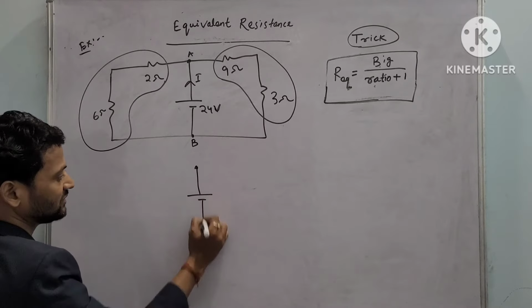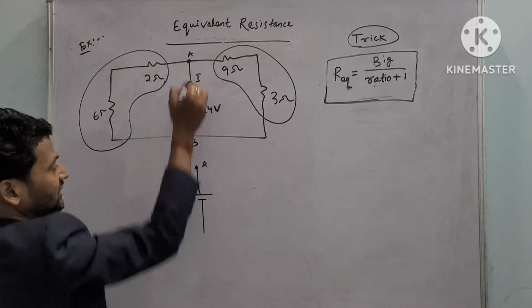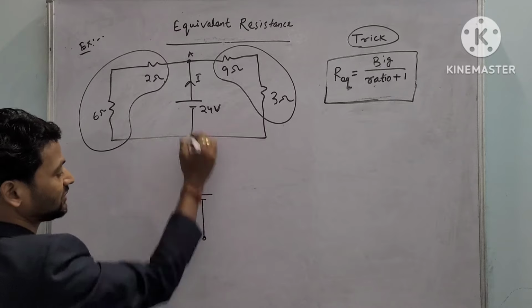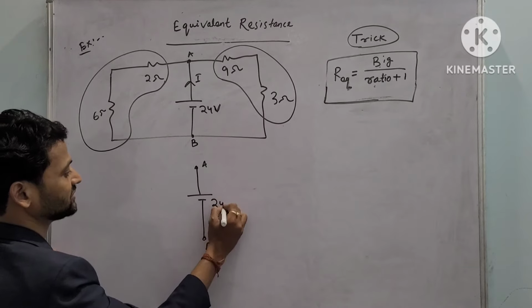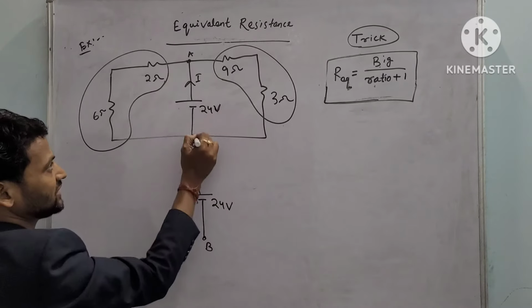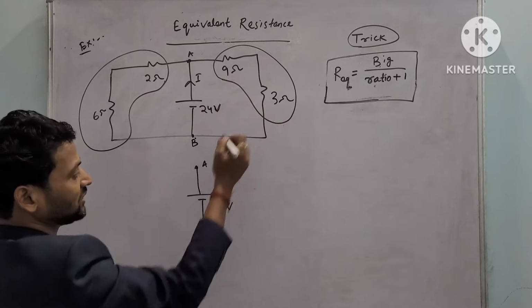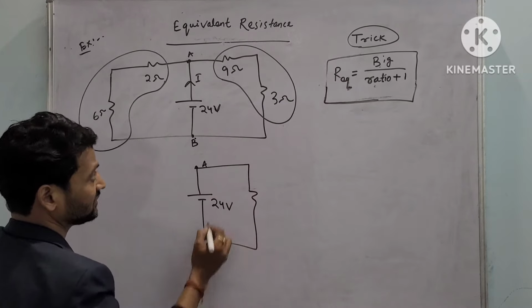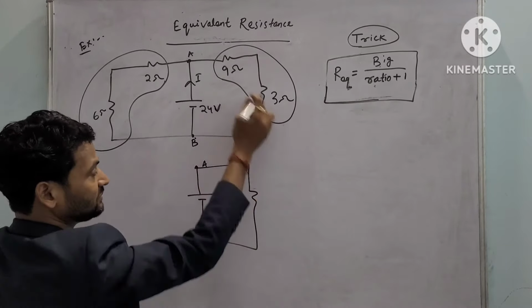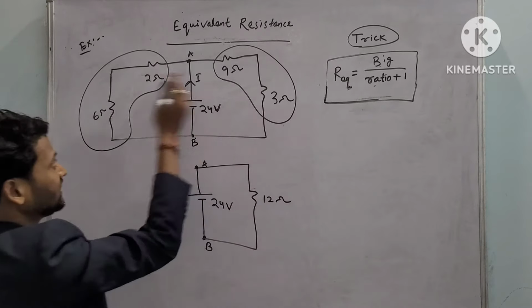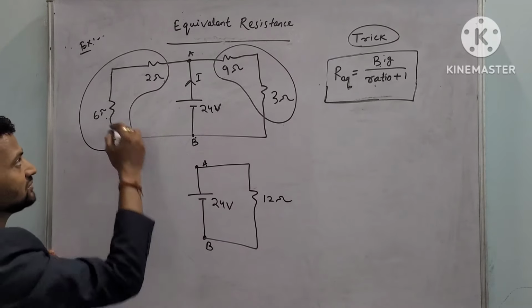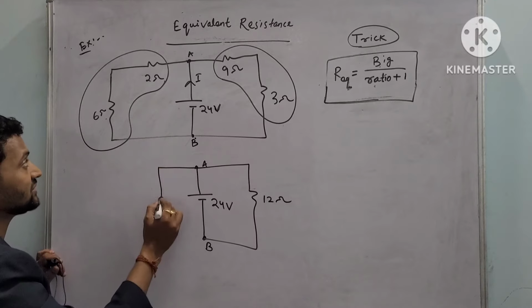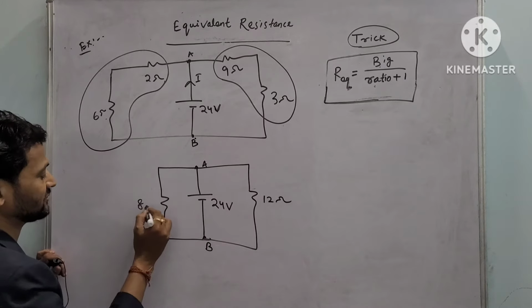So what I can write, this point is A and this point is B. Our potential difference is 24 volt. So across A and B there is a resistance of 12 ohm, since both are in series, 9 plus 3 is 12 ohm. Again on the left side, 6 and 2 both are in series, 6 and 2 is 8 ohm.